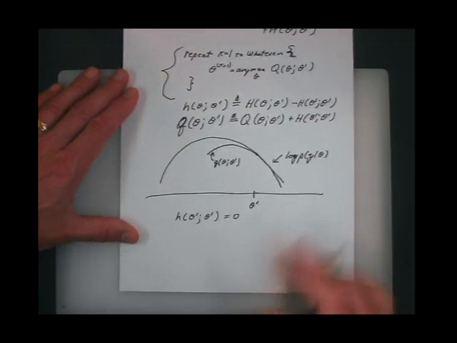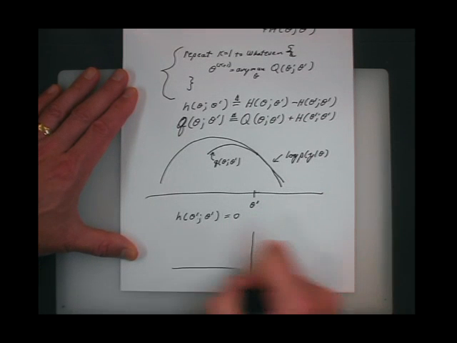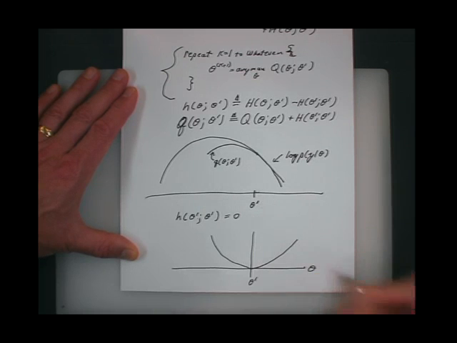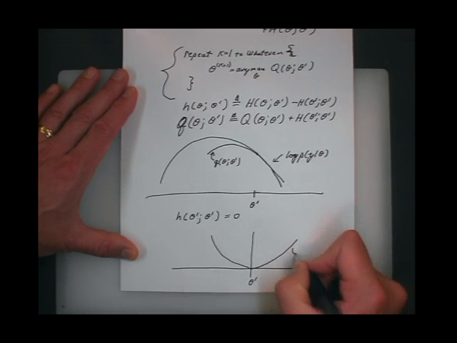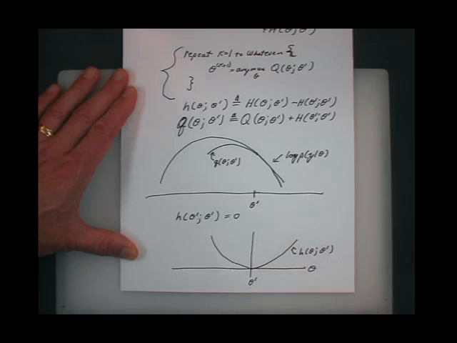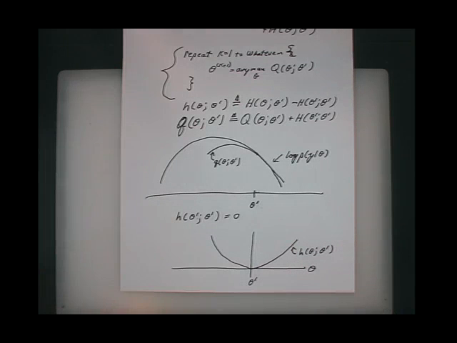And if you draw the h function, this is position theta prime, and this is theta. The h function will have its minimum at theta prime, and it'll be a strictly positive function which is equal to 0 at theta prime. So this is the little h function.